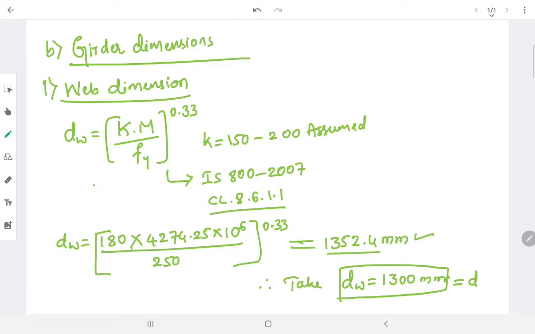Next step is to calculate thickness of web, from table 2.